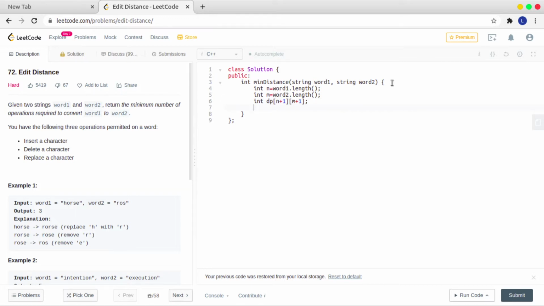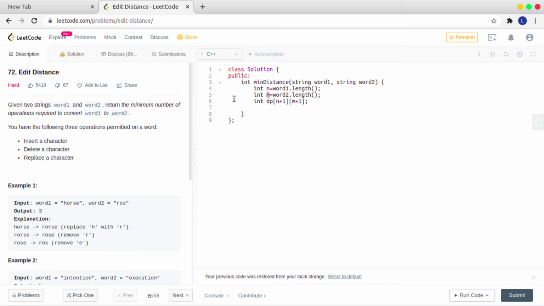And since we are going to convert word 1 into word 2, suppose you have null in word 1, then you are going to insert m characters so that we can get word 2, or we can convert word 1 to word 2.